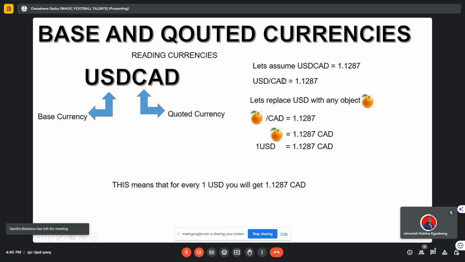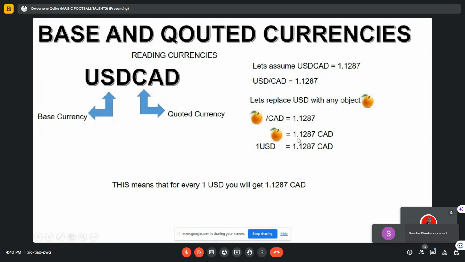As you can see, USD CAD is 1.1287. Now I replace USD with an object, against the Canadian dollar. The price of the object is 1.1287 Canadian dollars.